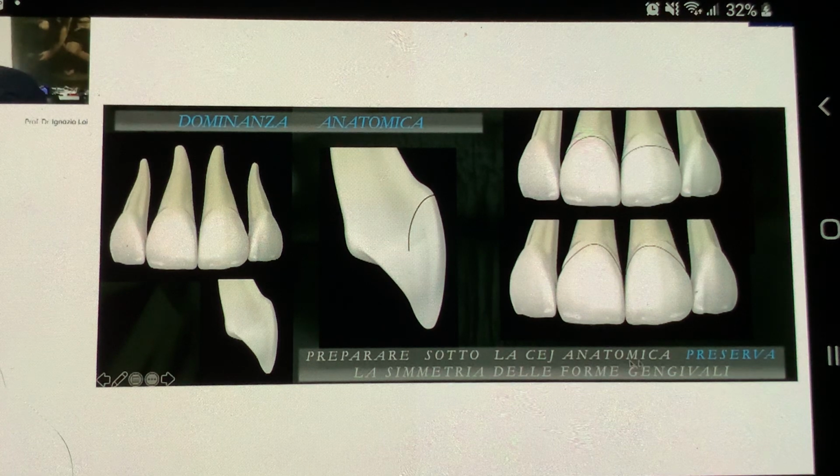If we make the preparation under the anatomical CEJ, we preserve the anatomical dominance. So different preparations at different levels.